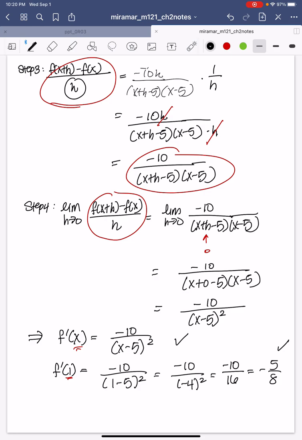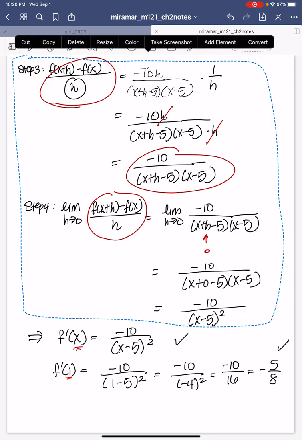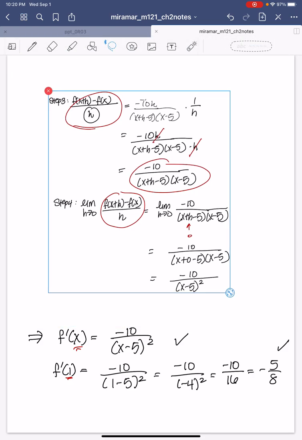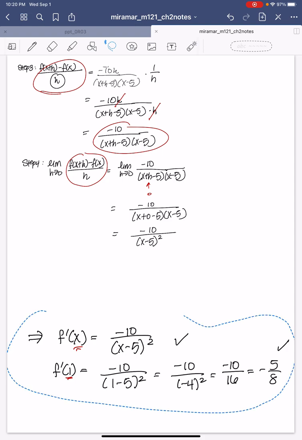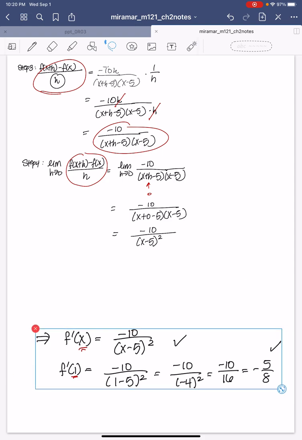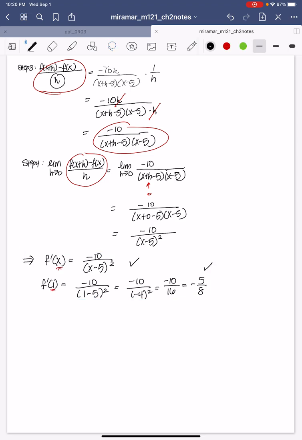Let's do f prime of 2. I'm going to resize this one so I can fit everything on one page. F prime of 2 will be the same thing. I'm going to plug 2 into this function f prime of x.